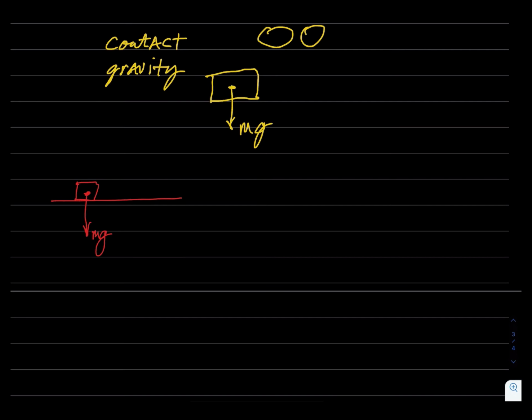You will learn that if you have two objects, like the sun and the earth, or any two particles, there is a gravitational force between them. If this is mass 1 and this is mass 2, there is a force between these particles, and the force equals the gravitational constant times the product of the two masses over the distance between them squared.